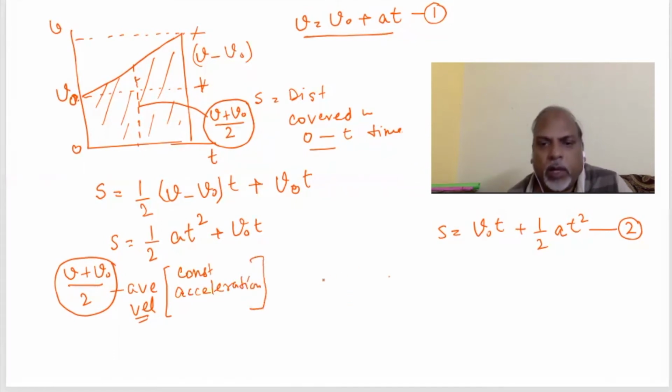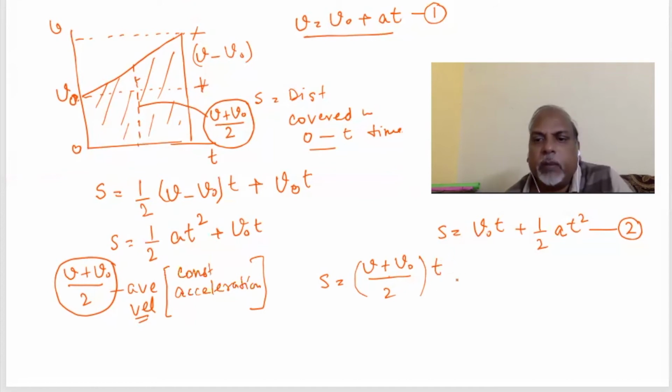Now let us find out what the area is. It will be nothing but, suppose the middle ordinate is (v plus v0) by 2, into t. This will give you the area of this trapezium.